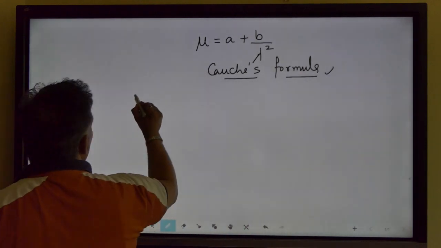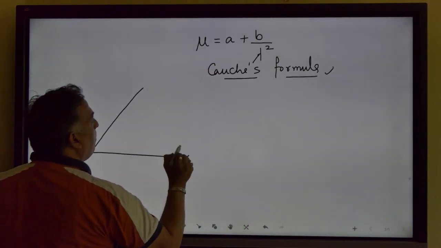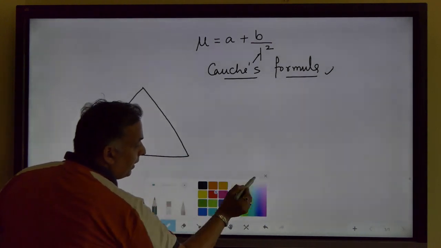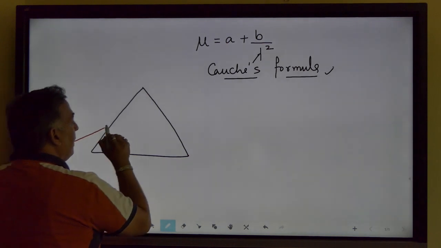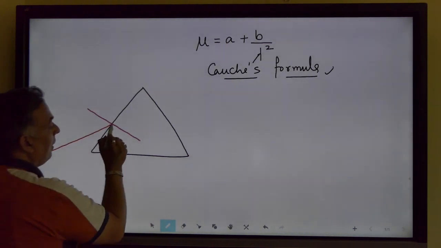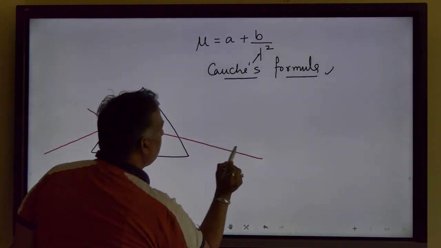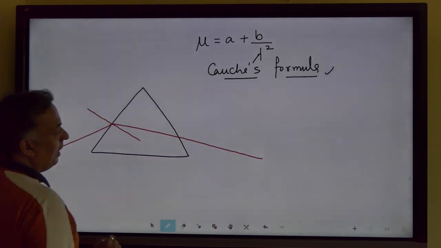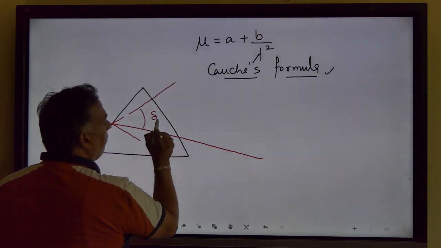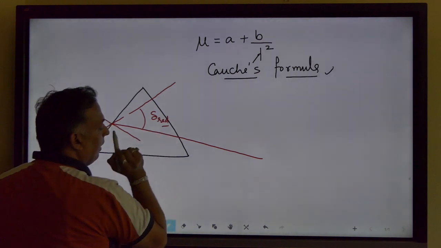For example, this is a prism I am showing. If I send an incident ray, this is the red wavelength, and it is bending away; this is the angle of deviation for red color.